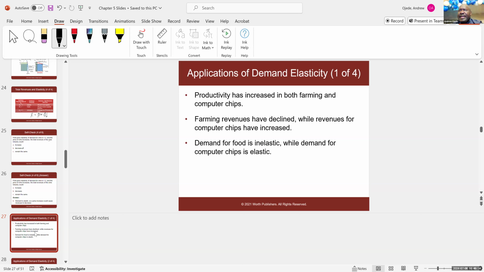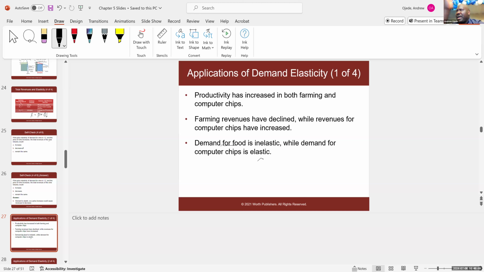So how can we comprehend these two facts? The idea here is that the demand for food is inelastic, okay? While the demand for computer chips is elastic. The key idea here is that when you increase the production of computer chips, the supply curve shifts to the right a lot. We look at the amount of computer chips that we were producing in the 1980s, very small. 2024, a lot.